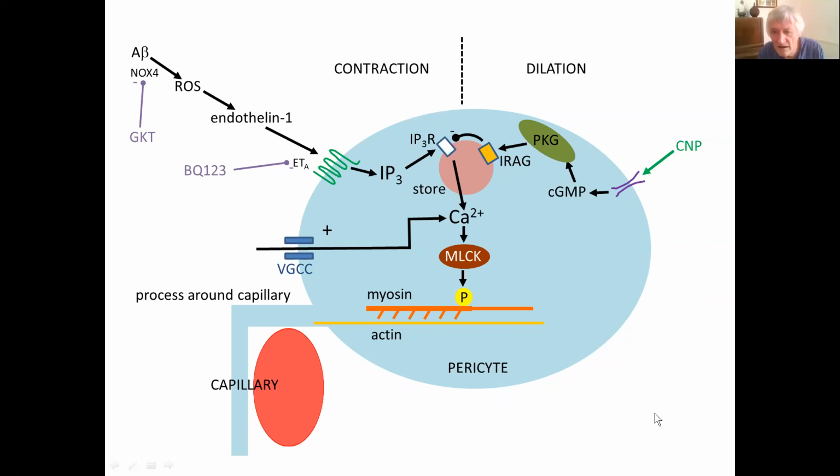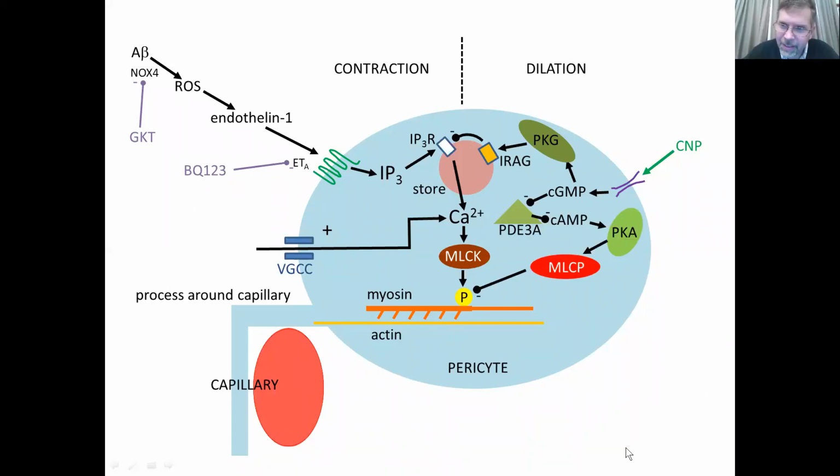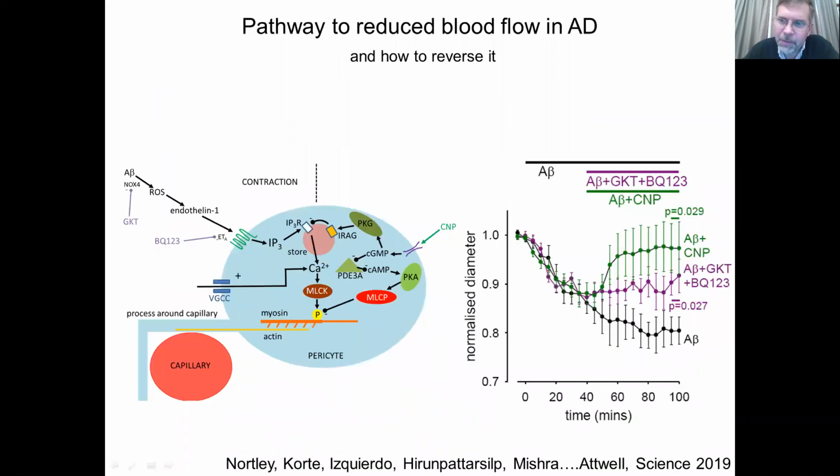The idea would be that with CMP, you get dilation, and if you apply an ischemia, maybe you can keep the capillary dilated, and you will not have this death of the pericytes.